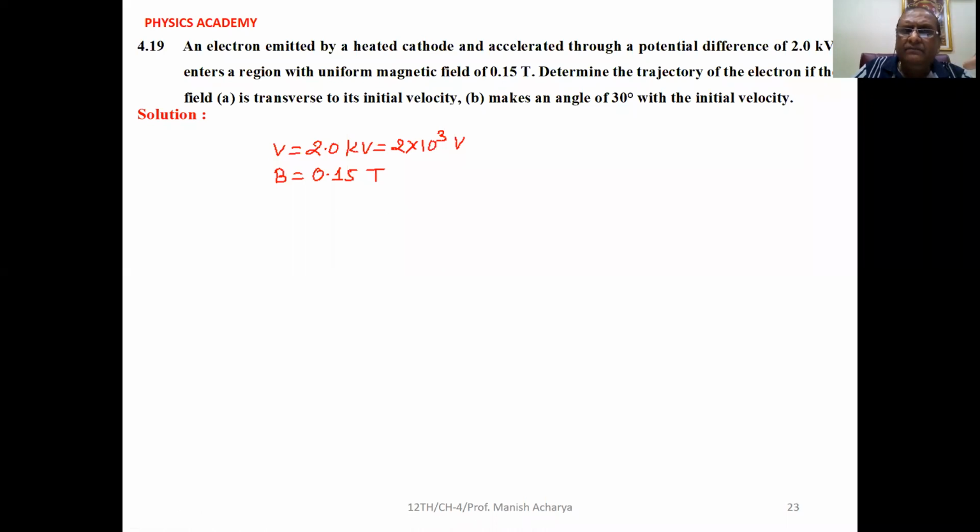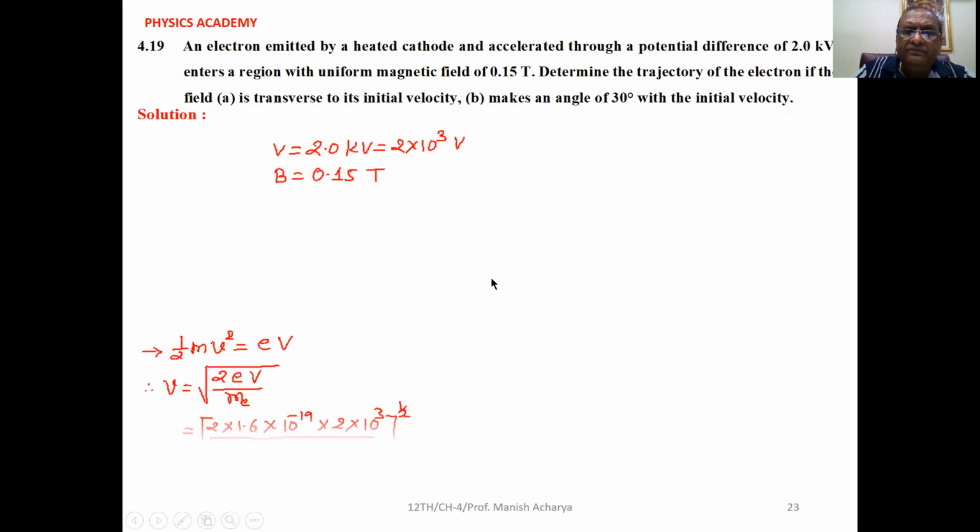Now we know that if a charged particle enters the magnetic field perpendicular to it, meaning the initial velocity is transverse, the particle will execute circular motion. And if the particle enters the magnetic field with velocity at some angle, then it will execute helical motion.